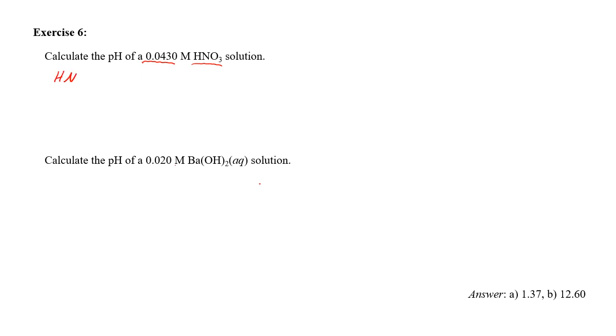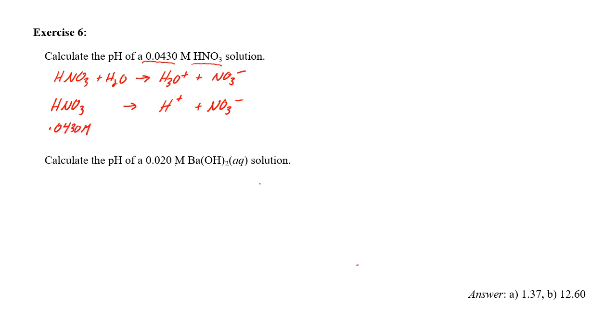I could say HNO3 reacts with water, one-way arrow, to produce H3O+ and NO3-. We could do that, but an easier way is to just remove the water molecule. HNO3 gives H+ and NO3-. Make your life easier.